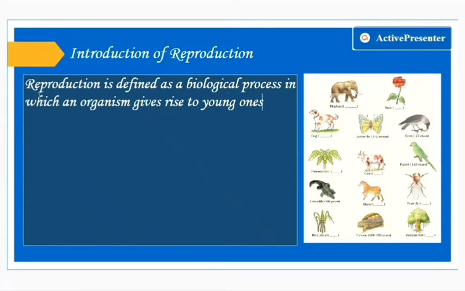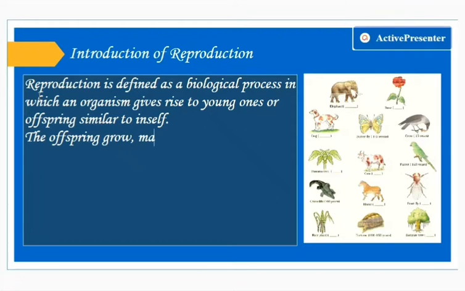This one is also known as the offspring, similar to itself. So the offspring grow, mature, and in turn produce new offspring.